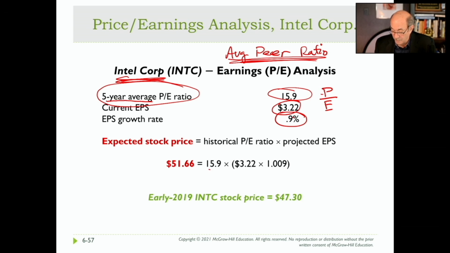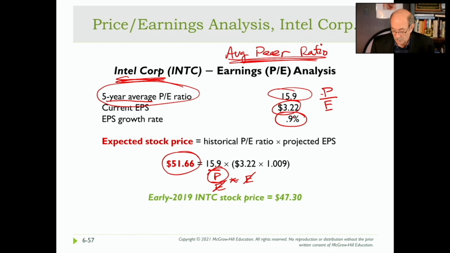So here's the formula. I take my PE, so that's P over E, and I multiply it by the future earnings, next year's earnings, so that's $3.22 from this most recent year, times 1.009, so that's reflecting the growth rate, and I come up with an earnings here. Obviously, E cancels the E, and I'm left with a price.